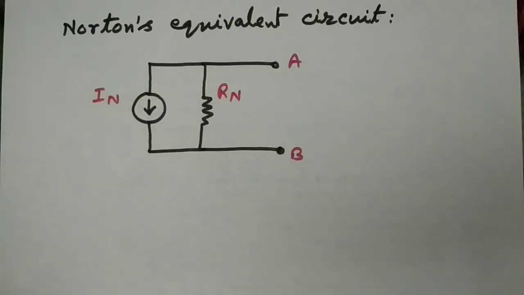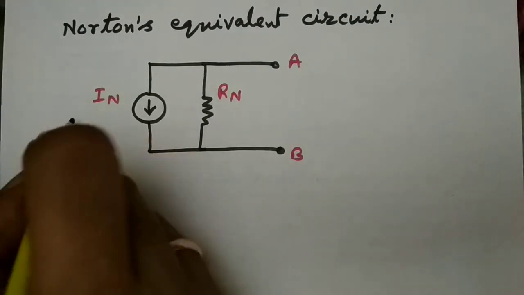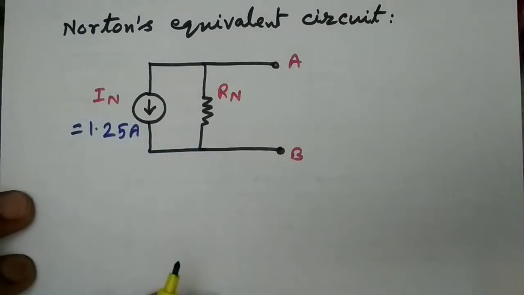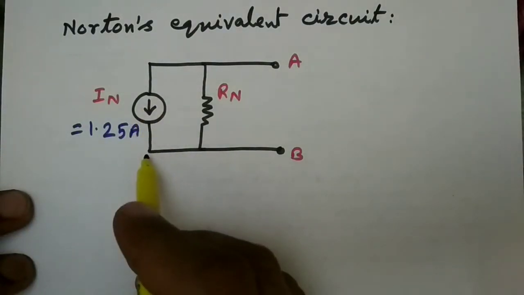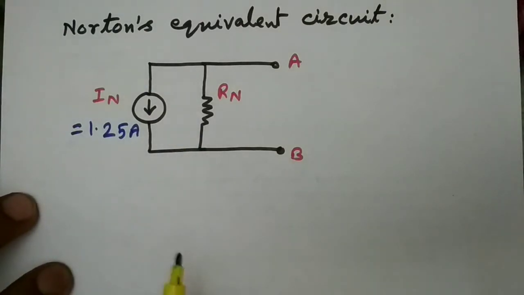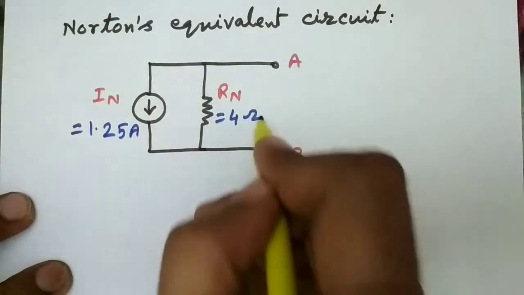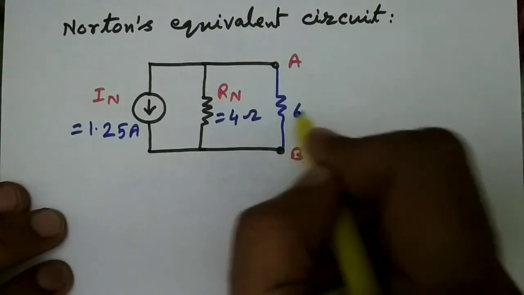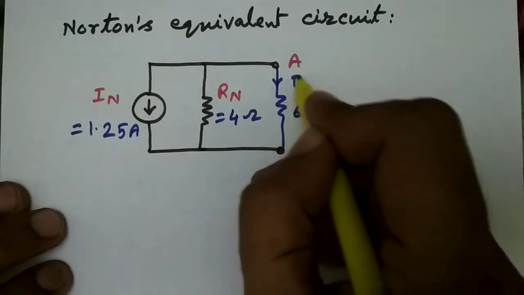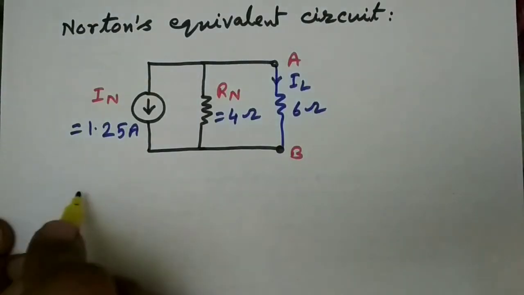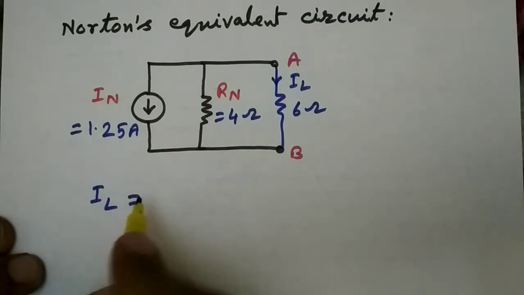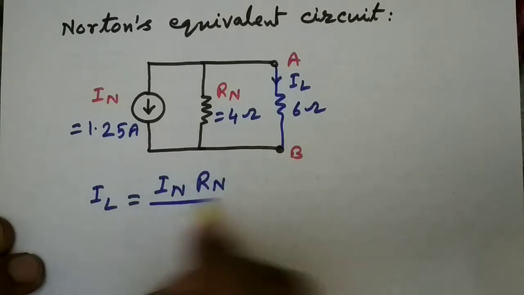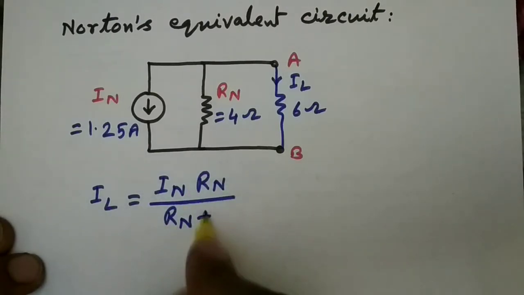So here is the Norton equivalent circuit where IN is equal to 1.25 ampere. As the value was negative, I have taken the direction as downward. Rn we have calculated as 4 ohms and then we add the load resistance, that is 6 ohm, and the value of IL can be calculated by the current division rule. So it will be IN into Rn upon (Rn plus RL).